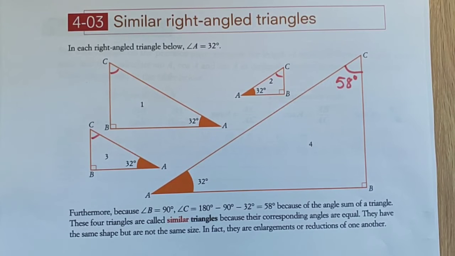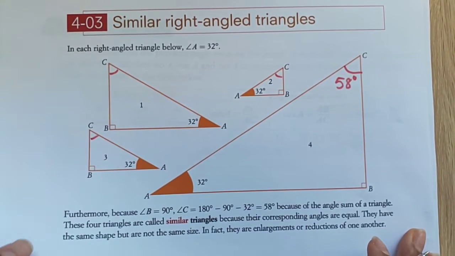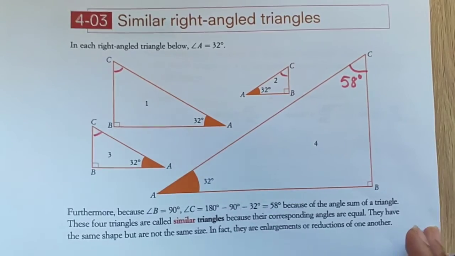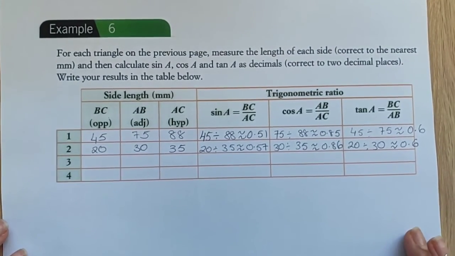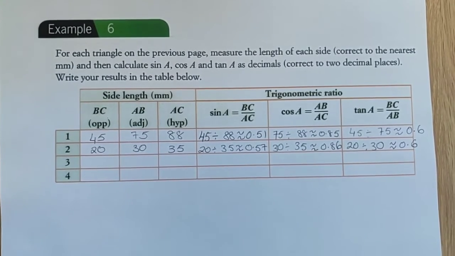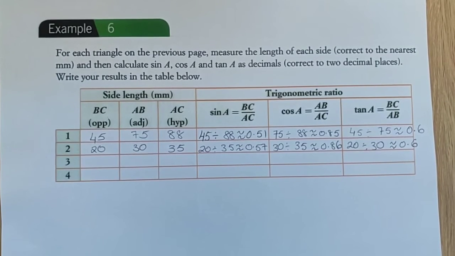It depends on how you print this page, so the measurements of your triangles will vary. It's okay if you don't have the same measurements as I do, and I don't expect you to. Now pause this video and try to measure triangle 3 and triangle 4.